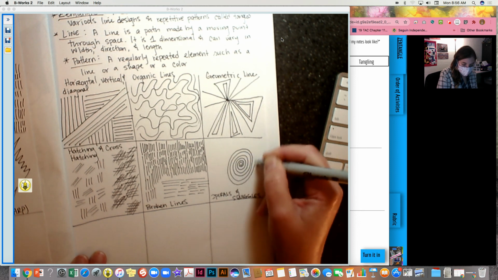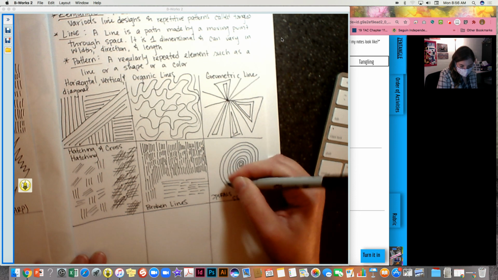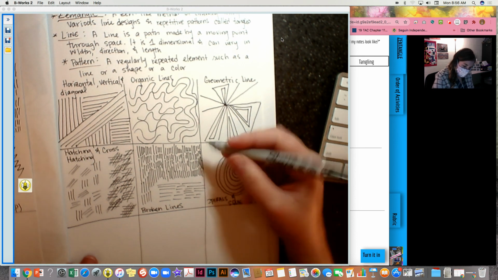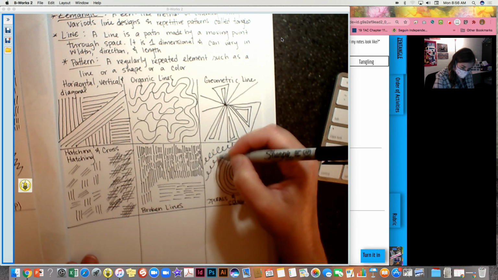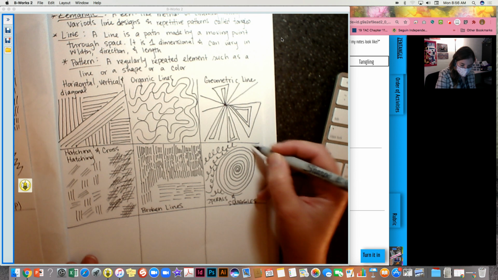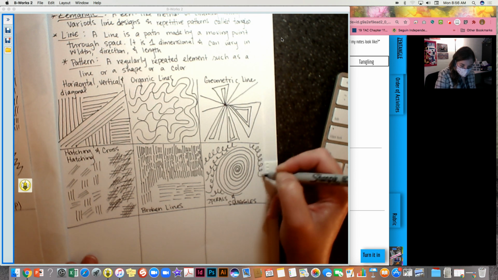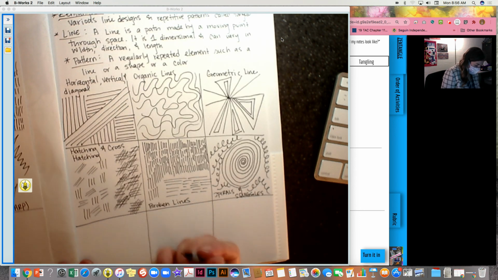You'll use this maybe in the future when we do an op art project. And then you have squiggles or loop-de-loops. This is how I exclusively used to draw curly hair, with these little squiggles. Okay.